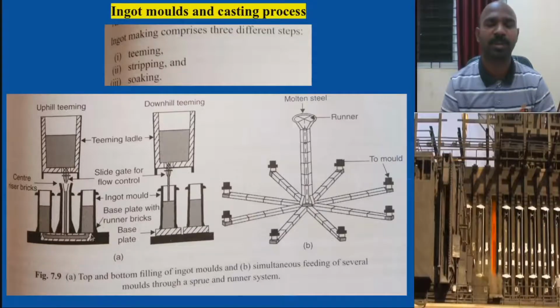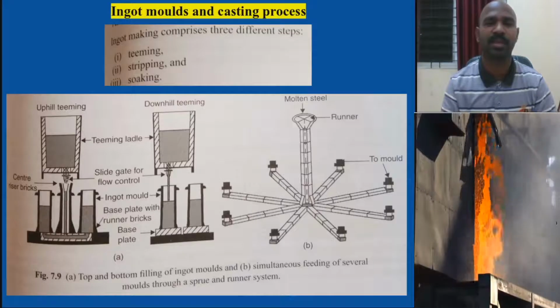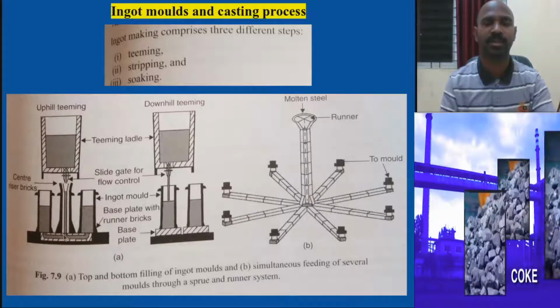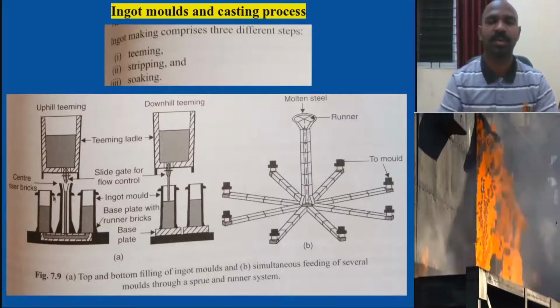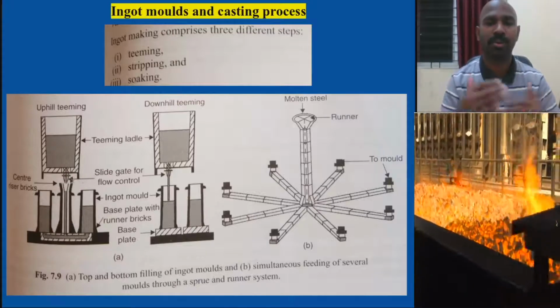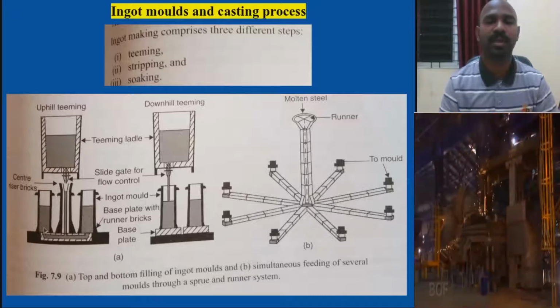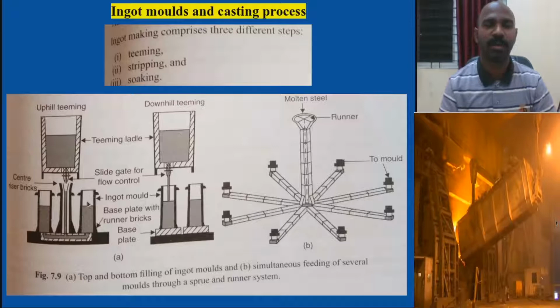In the ingot mold process, as you pour the liquid steel, it fills two molds simultaneously. You pour from the shroud, and if you want to stop, you can use the sliding gate and stop once it is completed. Allow it to solidify and remove the molds.